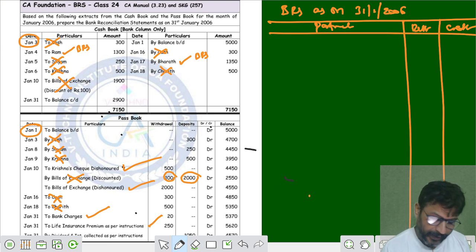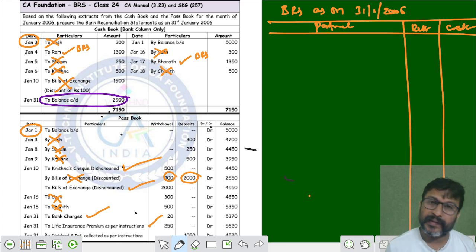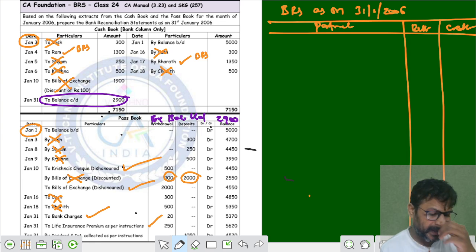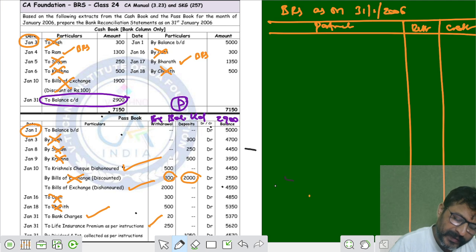As we know very well, we have a balance carry down 2900. We should not do the solution based on carry down, that is to be taken as brought down. That is, by balance brought down 2900. See, my dear kids, it is a cash book. Cash book showing a carry down or brought down on the credit side, that is nothing but payment.